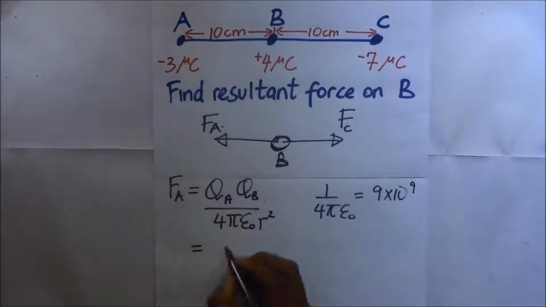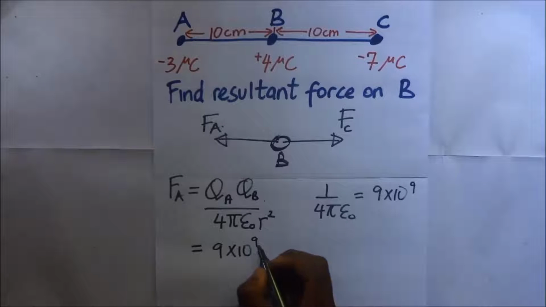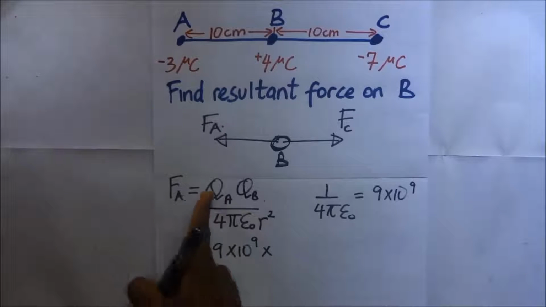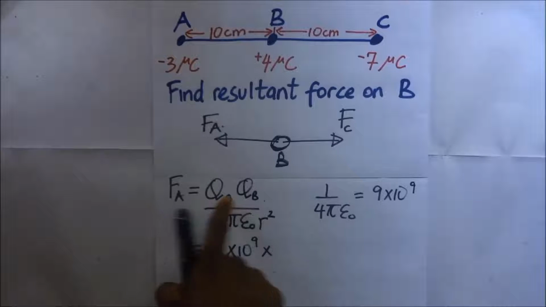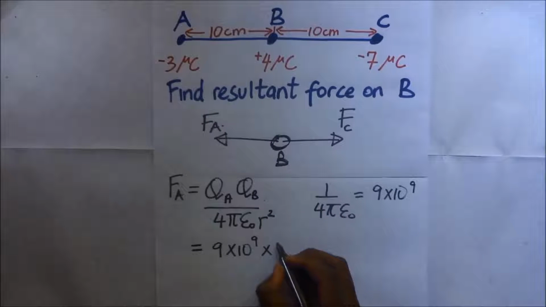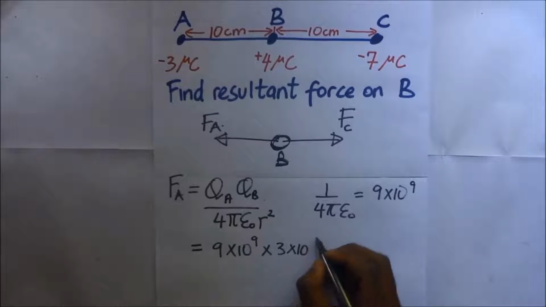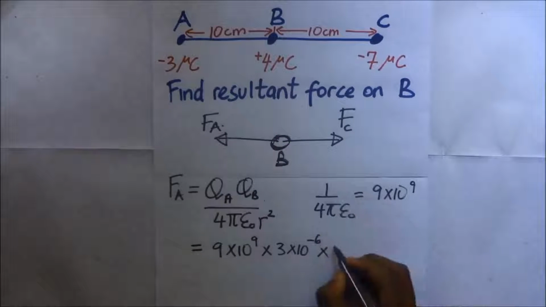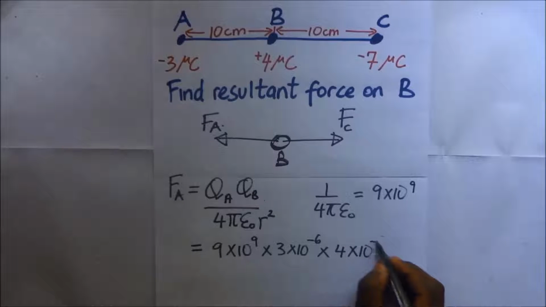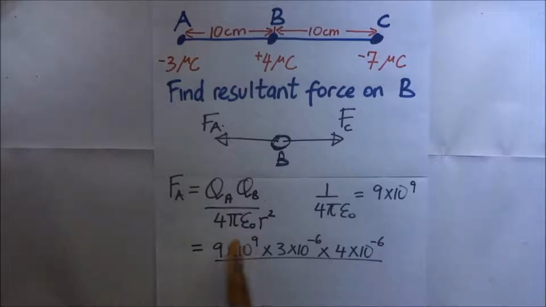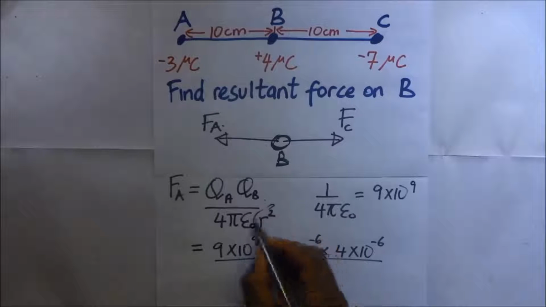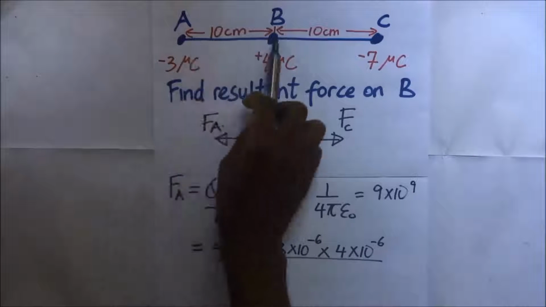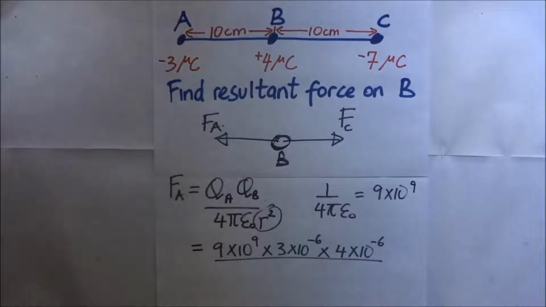So this is going to become equal to 9 times 10 to the power 9, multiplied by QA. The charge is going to be 3 times 10 to the power negative 6. Multiply that by the charge on B, which is 4 times 10 to the power negative 6. All that divided by r squared. The distance of separation between A and B is 10 centimeters. When we convert that to meters, it's going to become 0.1 squared.